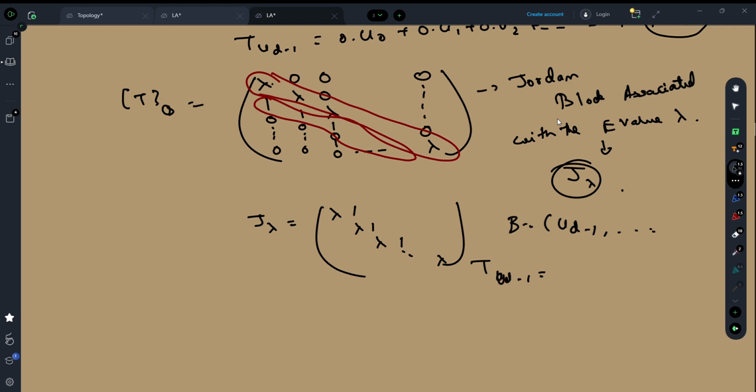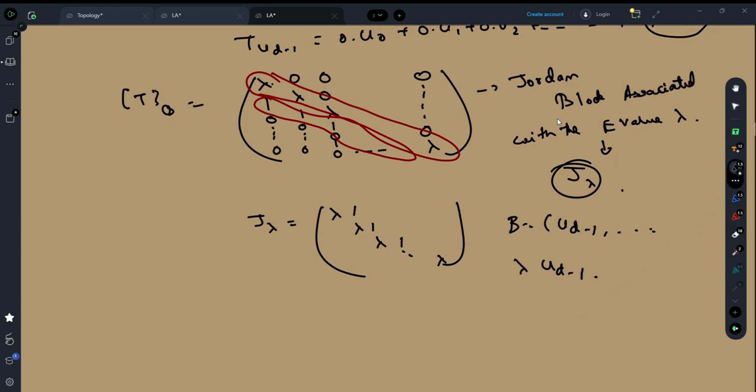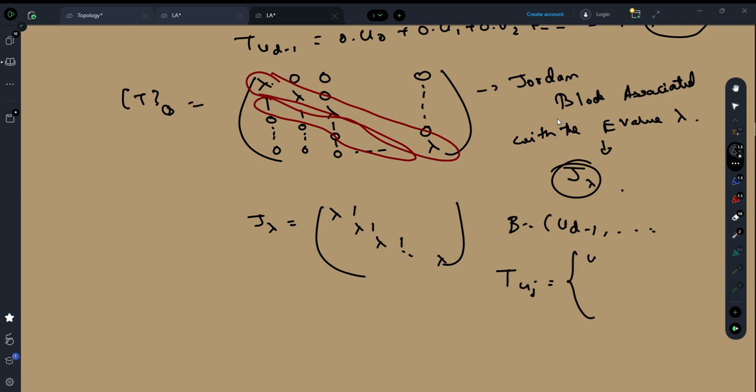So T u_{d-1} is lambda u_{d-1}, right? What typically happens is that we consider the vectors u_j in such a way that T of u_j comes out in this form: u_{j-1} plus lambda u_j.